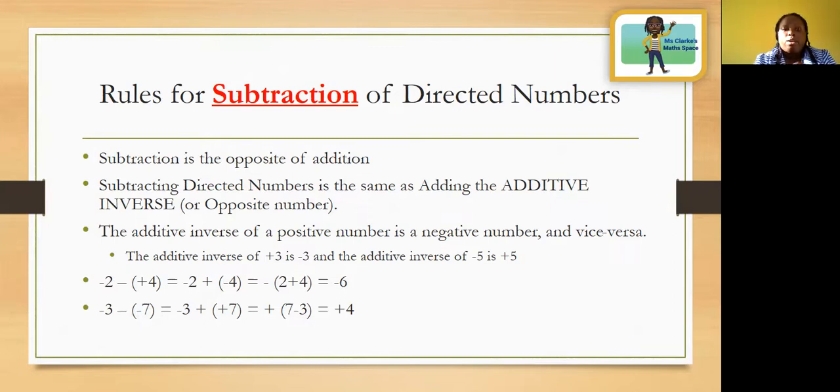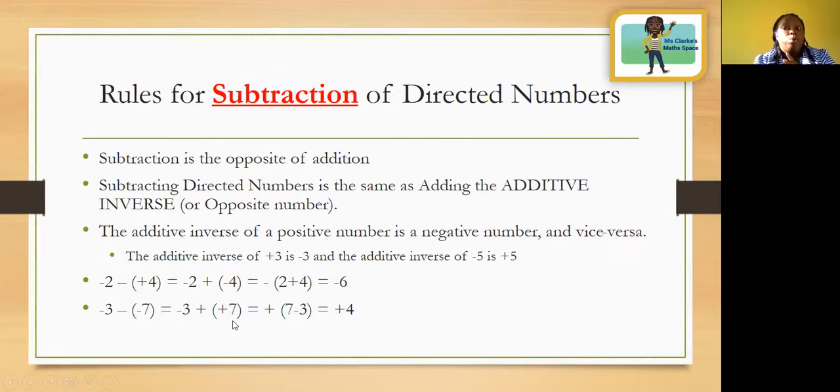Next example, we have negative 3 take away negative 7. So the additive inverse of negative 7 will be positive 7. So now it becomes negative 3 plus positive 7. And in this case, we have a negative 3 and a positive 7.